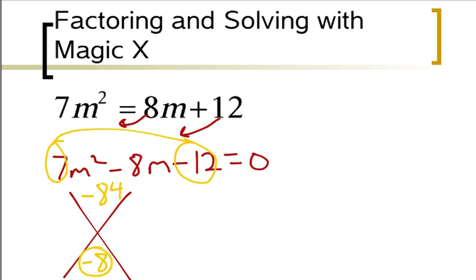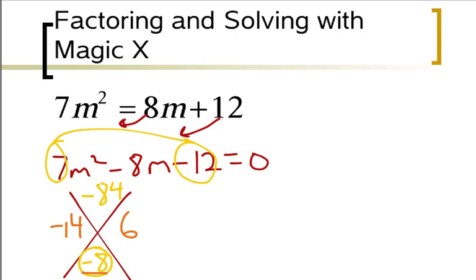So I work through my factors, and what I come up with is that 14 and 6 multiply to be 84, and they have a difference of 8. So now I just have to put the negative on the 14, and that will give me negative 14 plus 6 gives me negative 8, and negative 14 times 6 gives me negative 84. So the x part's done. You can see it's a little bit quicker this time.